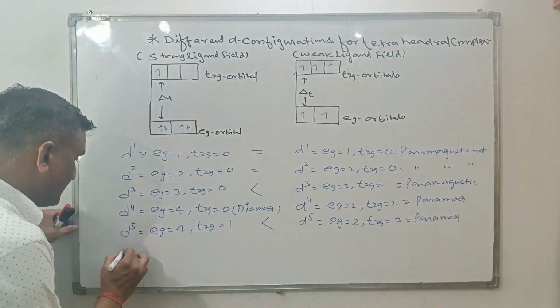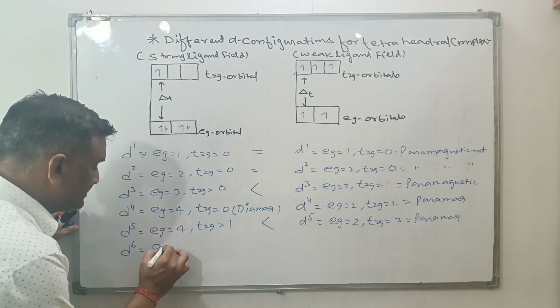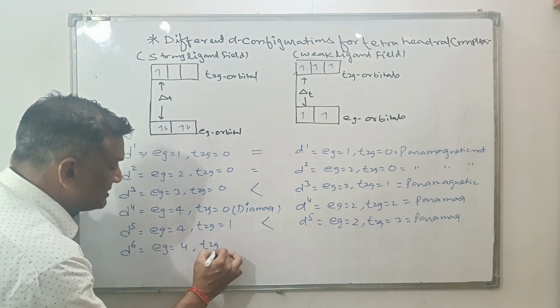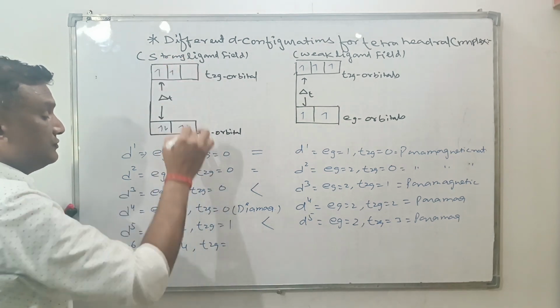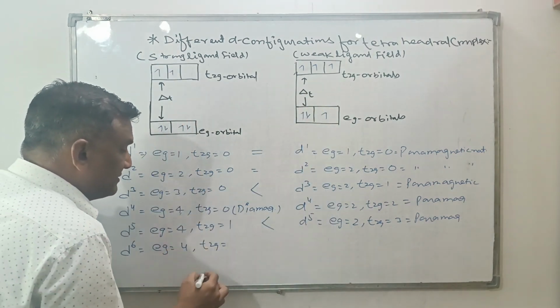Now the time to discuss the d6. So this is eg is equal to again 4. This is t2g is equal to 2. Here it will be as follows according to Hund's multiplicity rule.